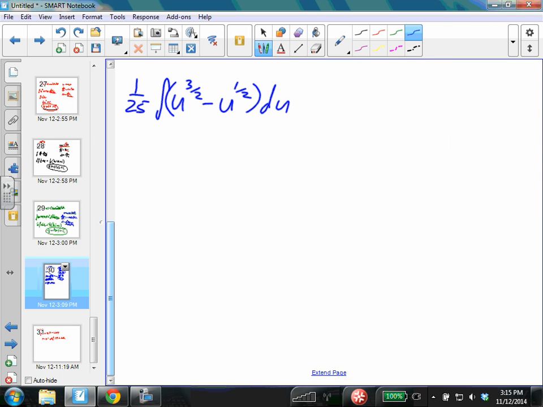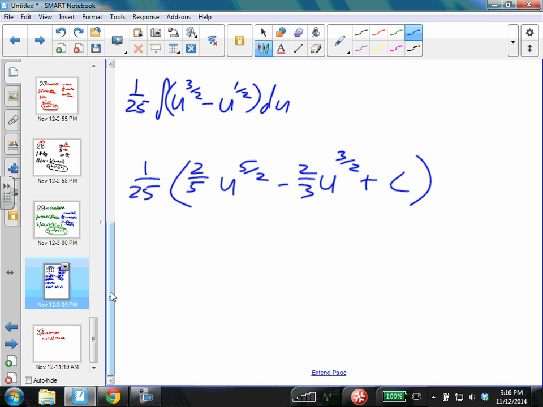And now this antiderivative is not so bad. So 1 over 25 times, this is going to be u to the 5/2 times 2 over 5 minus u to the 3/2 times 2 over 3 plus c.